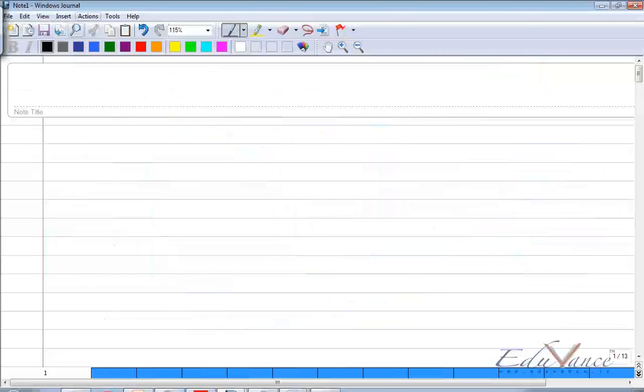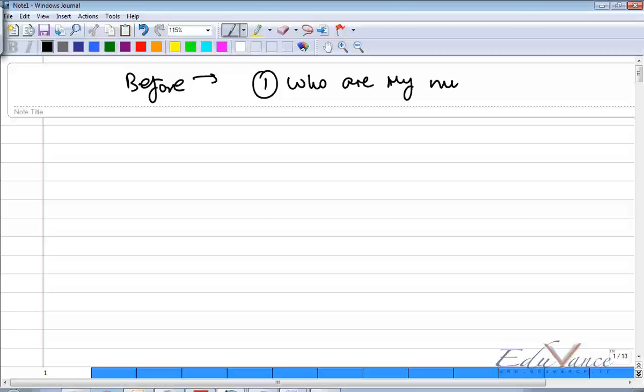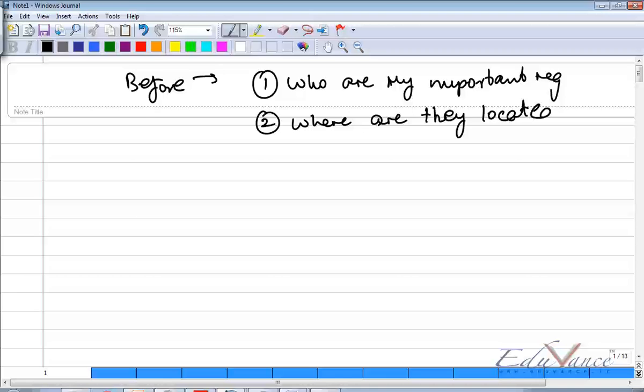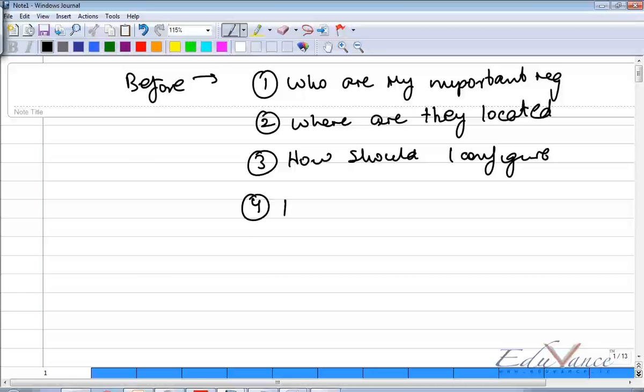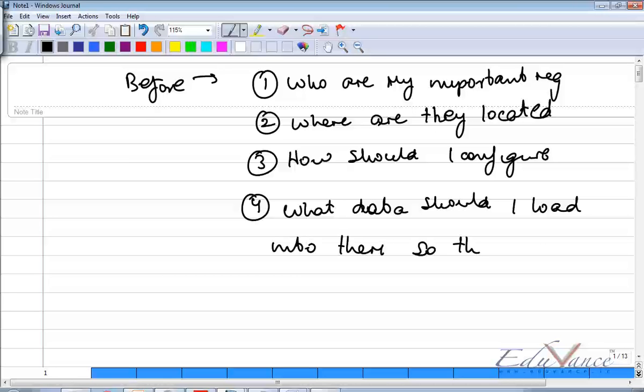So what we need to understand before we start programming is: who are my important registers, where are they located, how should I configure them, or rather, let me correct here, what data should I load into them so that I can do something interesting?